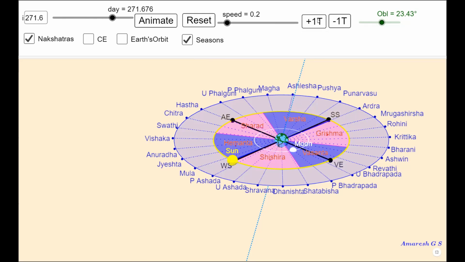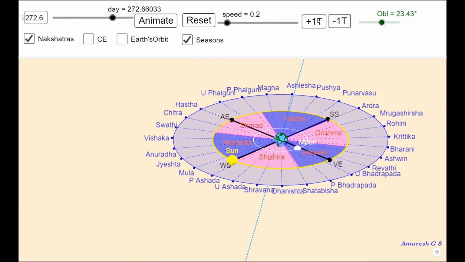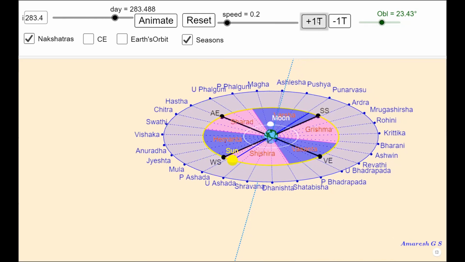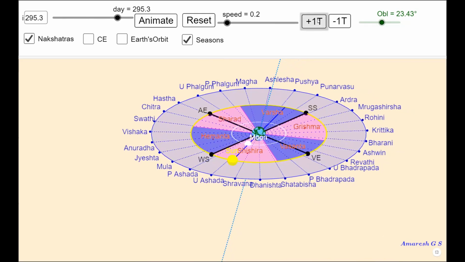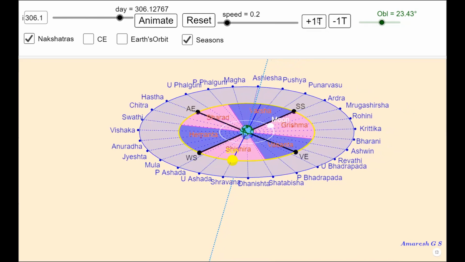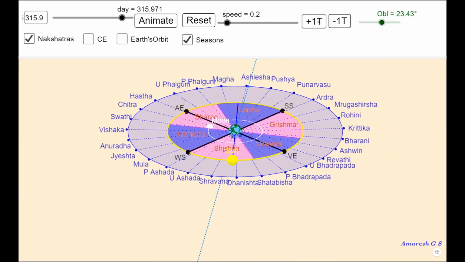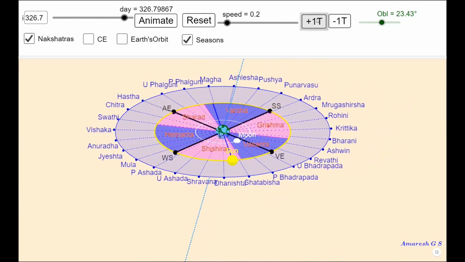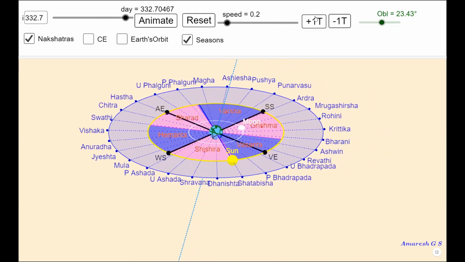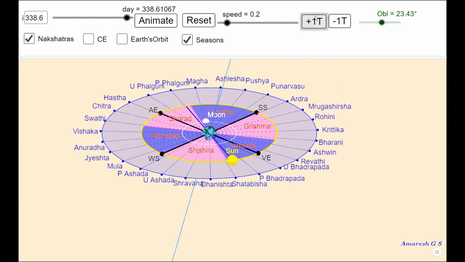The first month of Shishira Rutu is Tapa or Tapas. And the second month of Shishira Rutu is Tapasya. At this point, the sun would enter the area of Vasanta Rutu, and the first month of the Vasanta Rutu is Madhu.